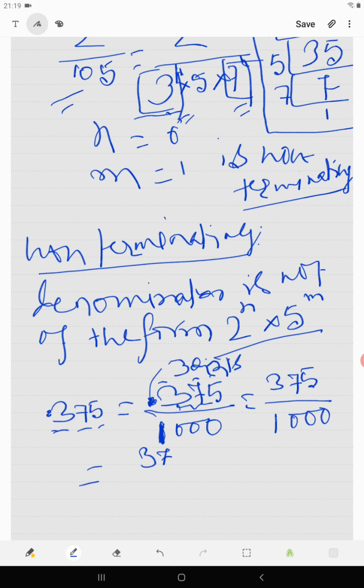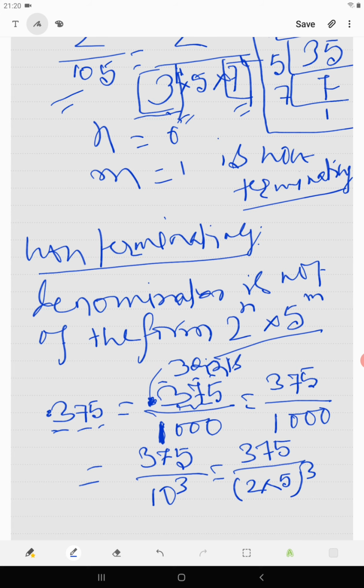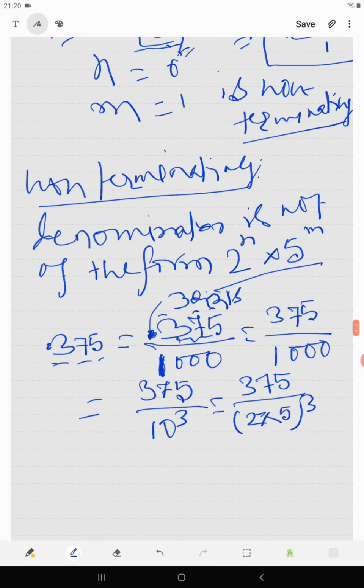Now this gets converted to 375 by 10 cube. So 375 divided by 2 into 5 whole cube. I have written 10 as 2 into 5.